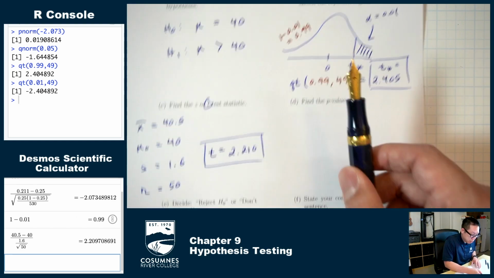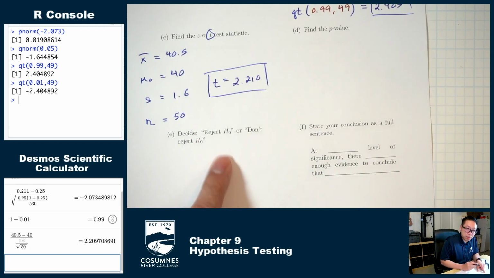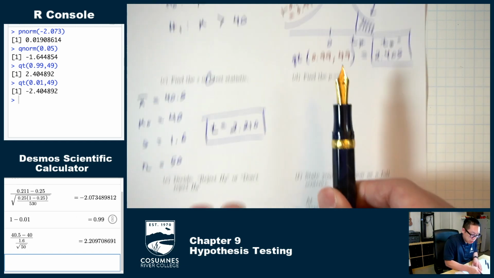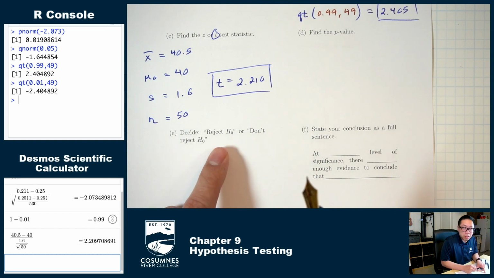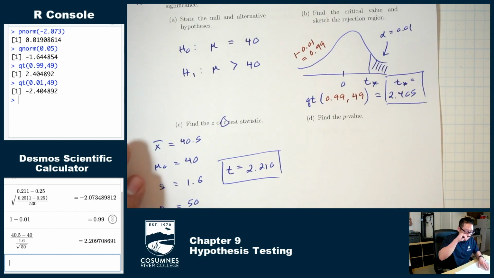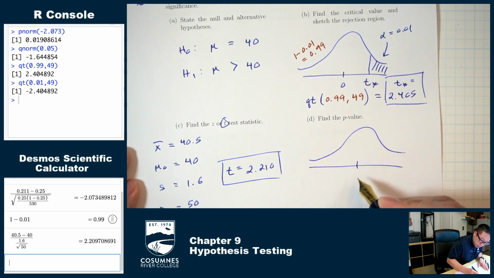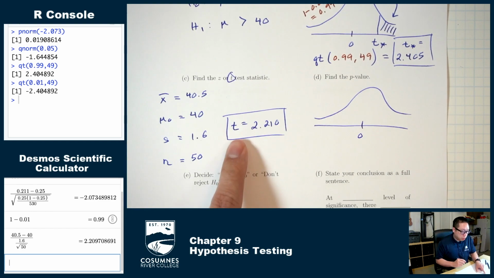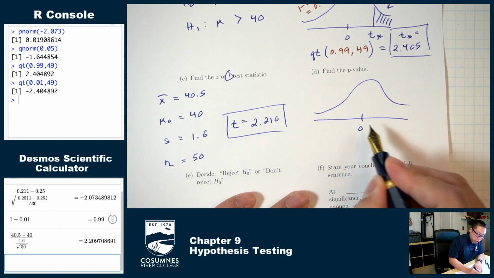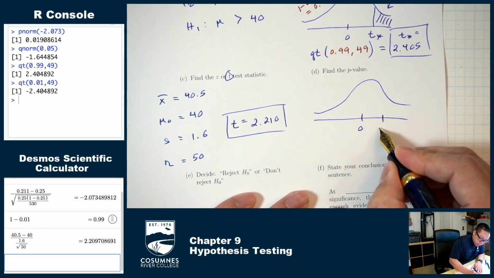So already I know that I'm going to don't reject. So it's not in the rejection region, which means I know for part E, I'm going to don't reject. So let's do part D. Part D is draw your picture. Put your test statistic from part C on your picture. So 2.210 is positive, so it should be on the right side.